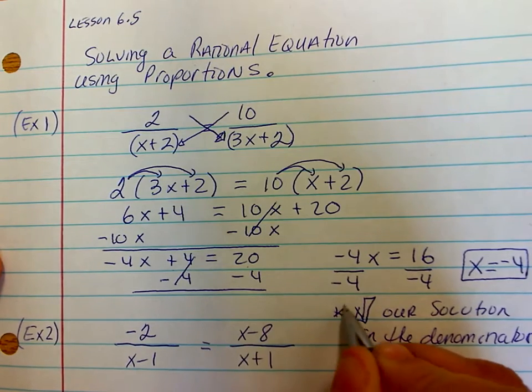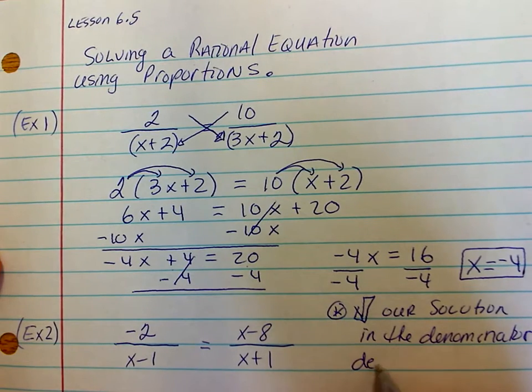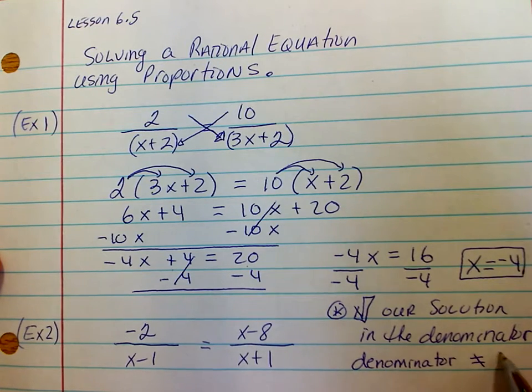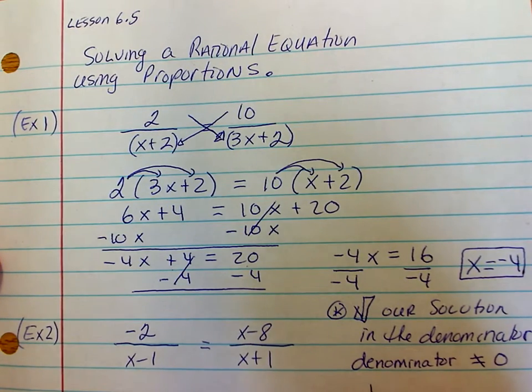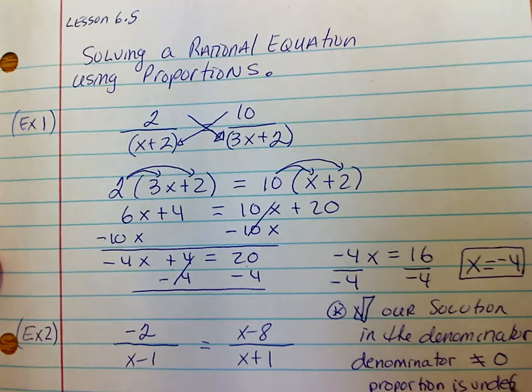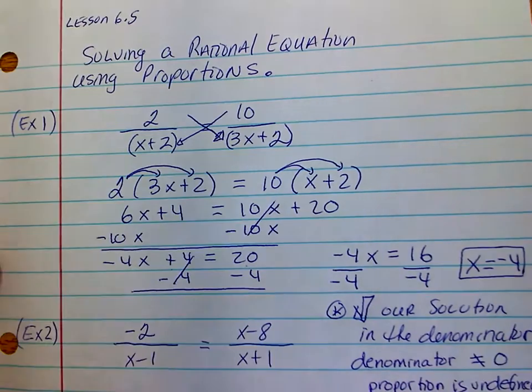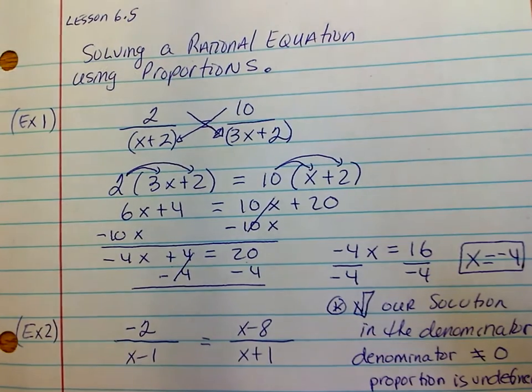Again, why we're doing this is so that we don't have a denominator that equals 0, or the proportion would be undefined. And it's undefined because division by 0 is undefined.